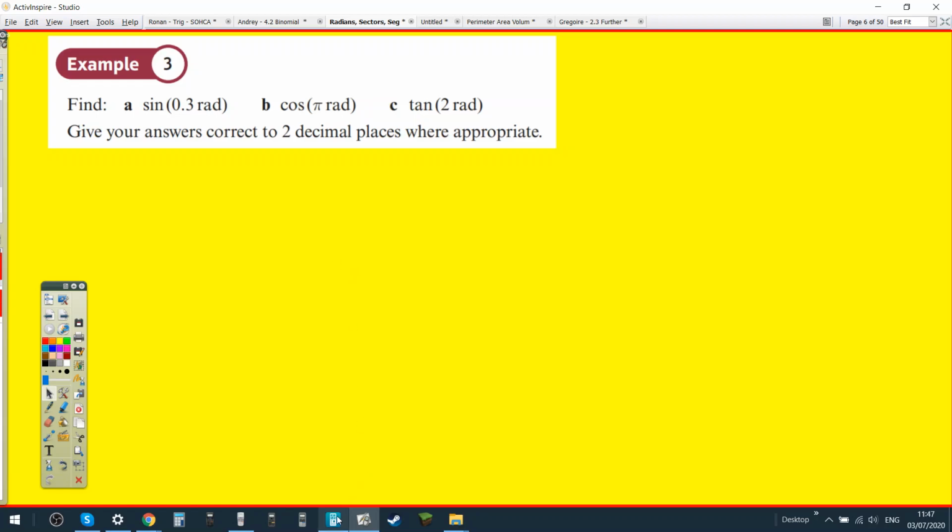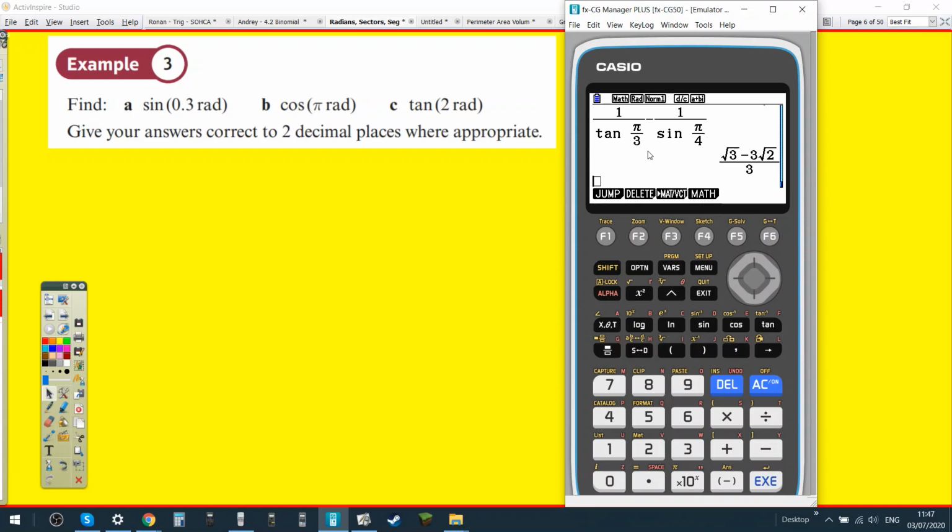Okay, let's try these. The way you do it is you just put your calculator into radians. So do you have rad at the top, or is it deg for degree? Yeah, I've got rad at the top. Okay, so put sine 0.3 and it should give you the answer. And how do I put the rad in? You don't. It's just in radians mode.